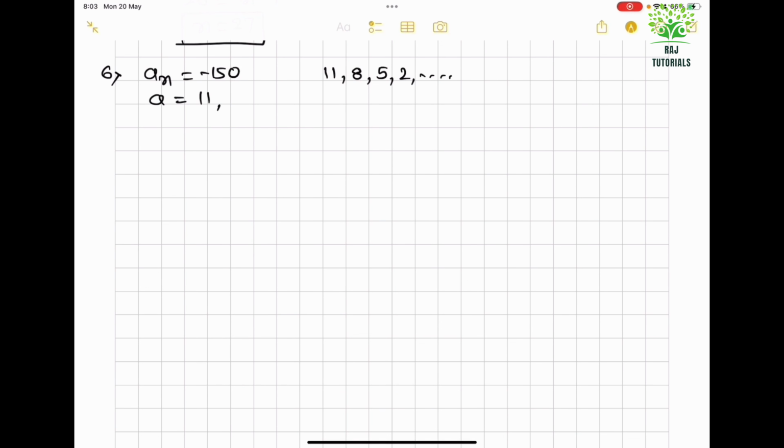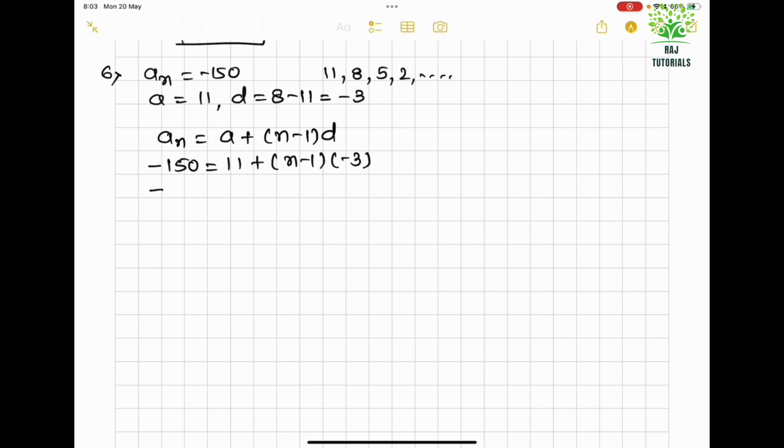A is 11, D will be 8 minus 11. So 8 minus 11 will be minus 3, and AN we already know. So AN equal to A plus N minus 1 D. So minus 150 equal to 11 plus N minus 1 into minus 3.